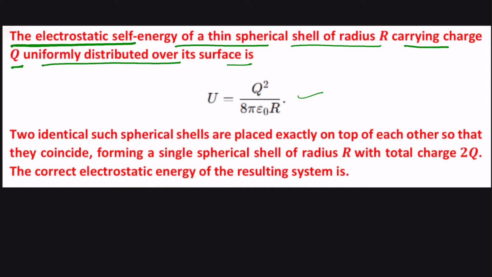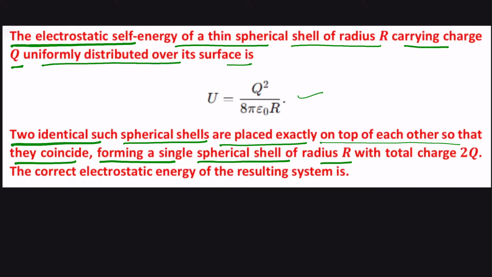Okay, so for a thin spherical shell, the electrostatic energy is given to us. Two identical such spherical shells are placed exactly on top of each other so that they coincide, forming a single spherical shell of radius r with a total charge of 2q. Then the correct electrostatic energy of the resulting system is.